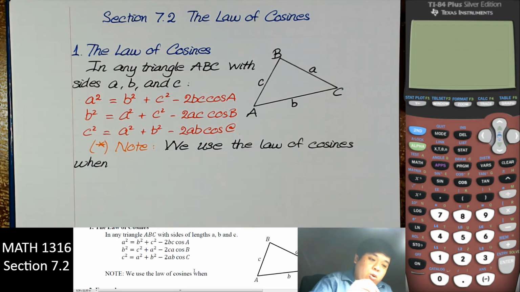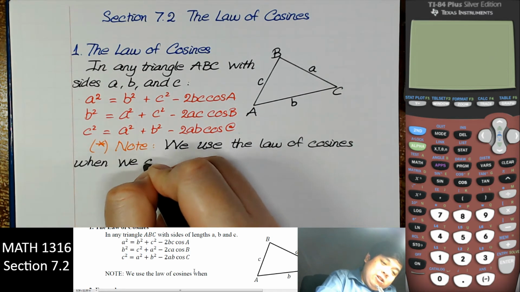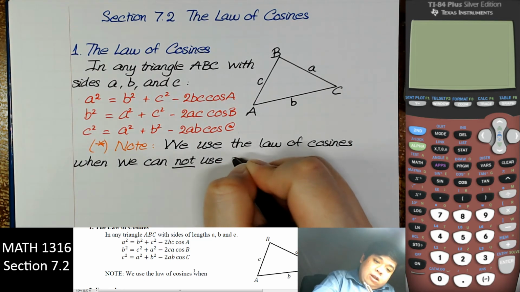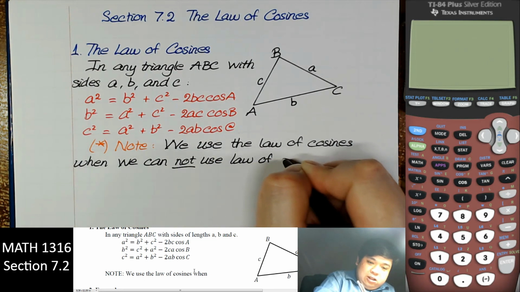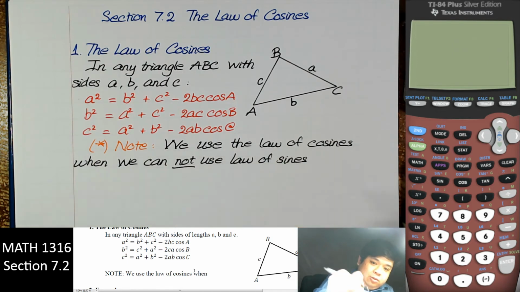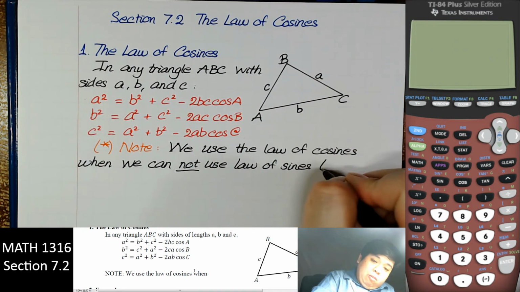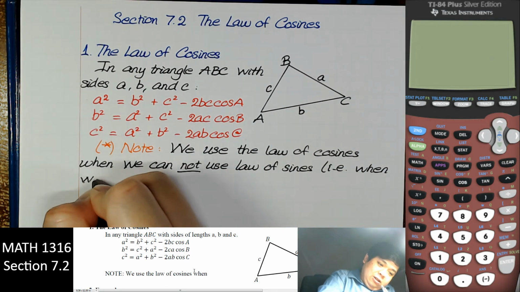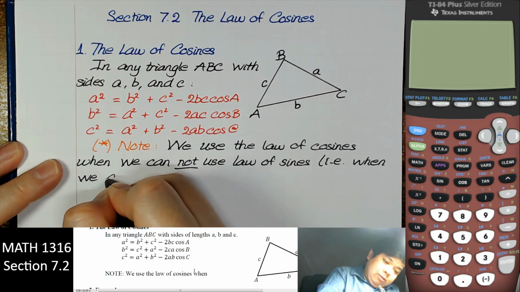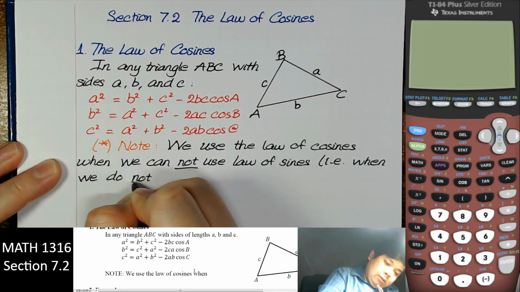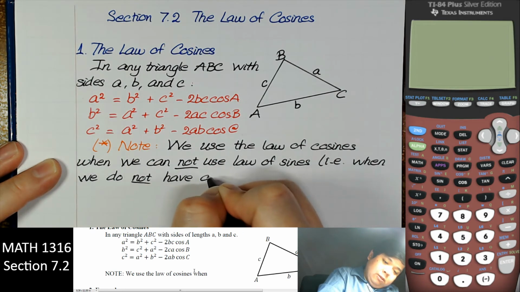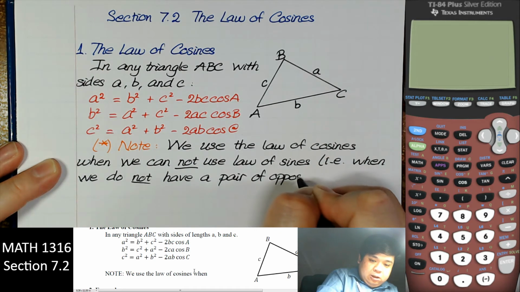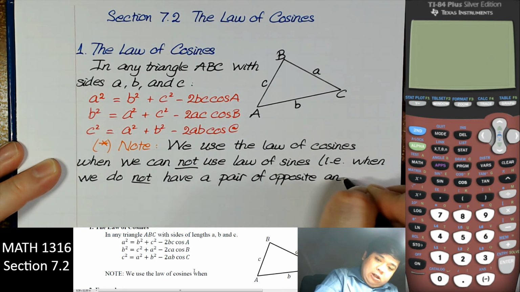So we use the law of cosine when we cannot use the law of sines, meaning that when we don't have a pair of opposite angle and side.